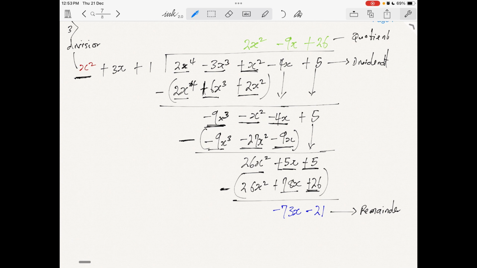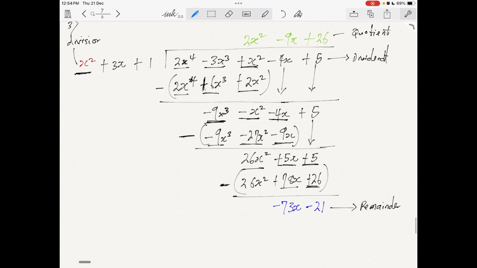Okay, now as we are used to writing before, dividend is equal to quotient multiplied by the divisor plus the remainder.